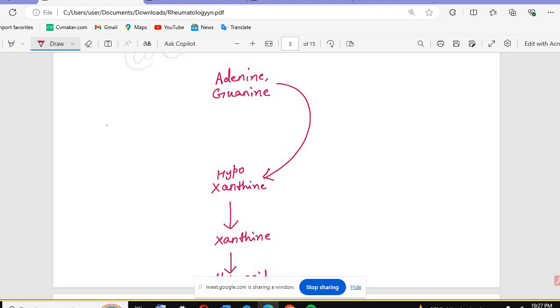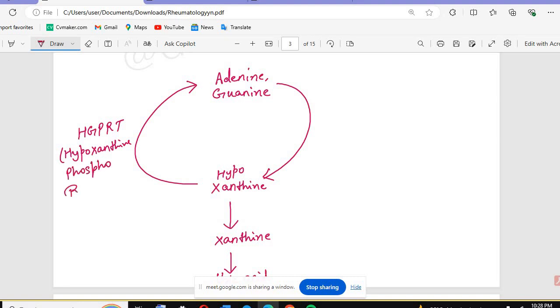Then this hypoxanthine again will be converted, by some more reactions, with the help of HGPRT, that is known as hypoxanthine phosphoribosyl transferase.